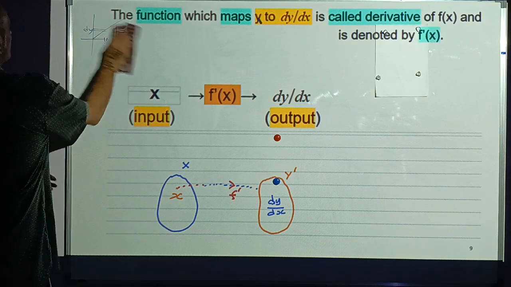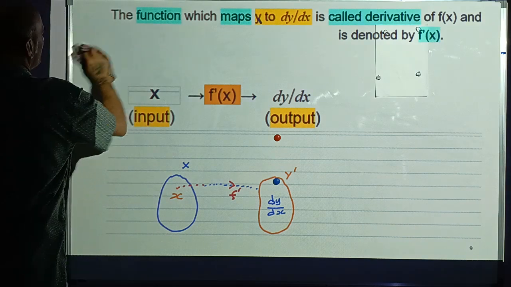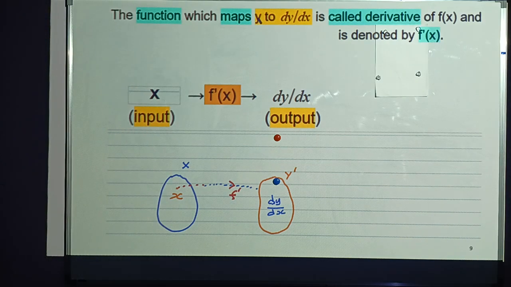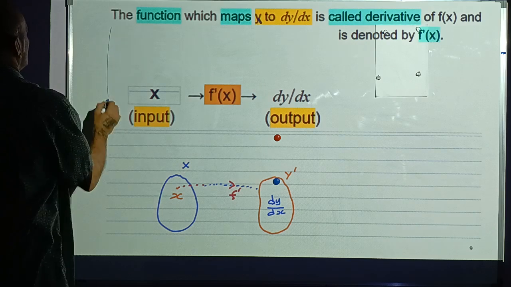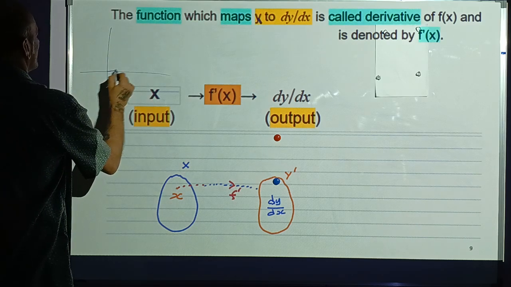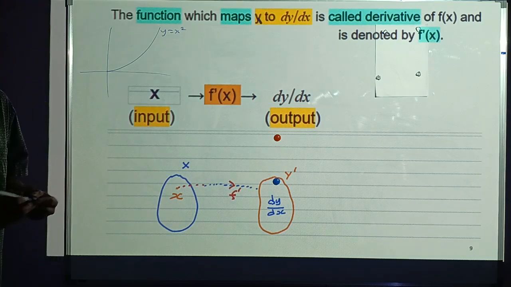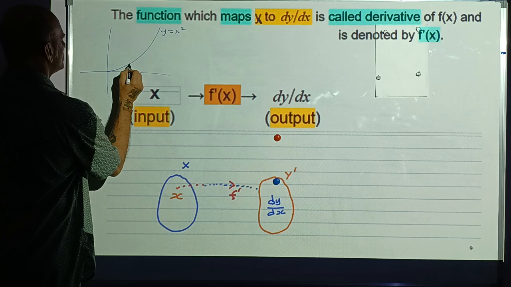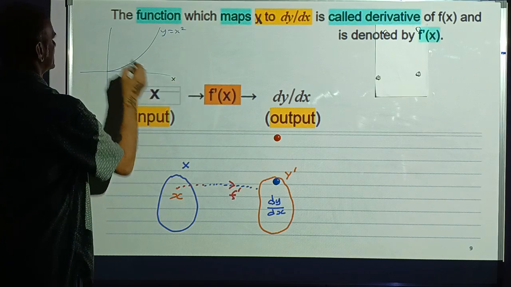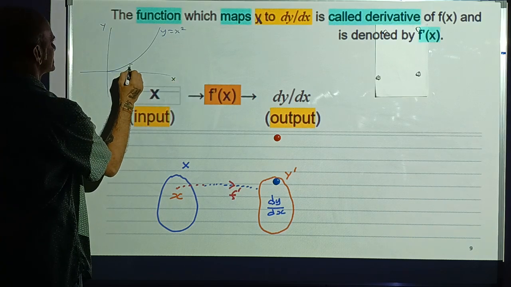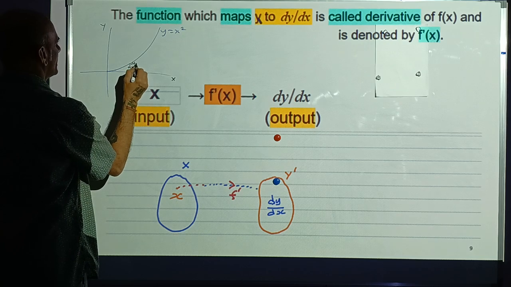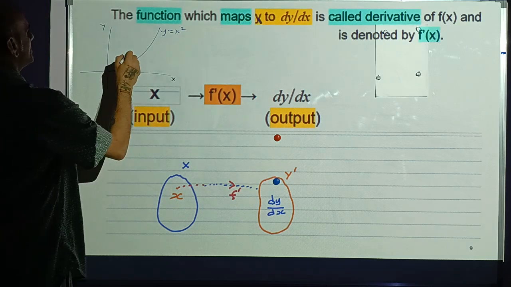So for a given function, once the function is defined, we can find dy by dx of this function at any point, at all the points. For example, for this function y equal to x square, at any point I can do a small change in x, dx, and find the corresponding change in y, and this ratio dy by dx will be of some value.